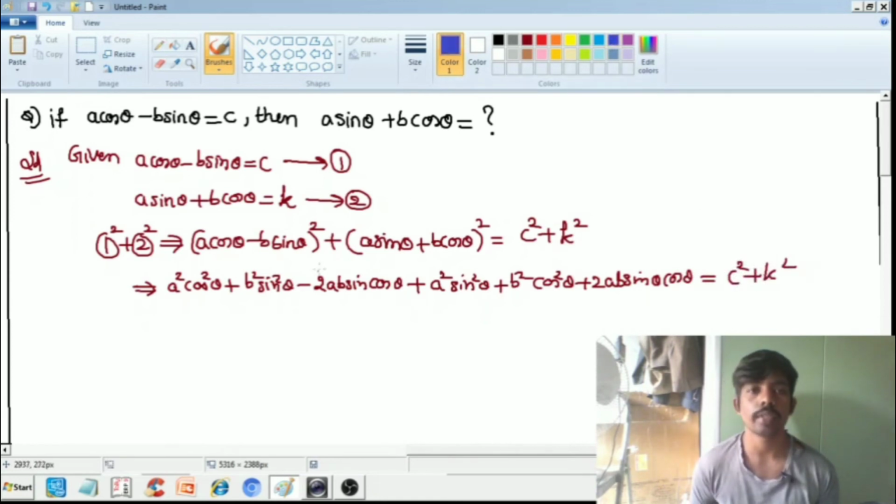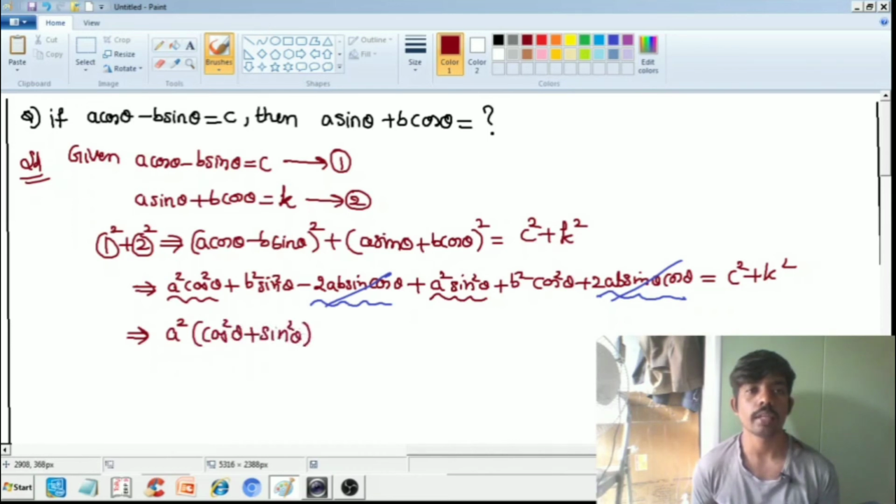From here we can cancel the same terms. Minus 2ab sin theta cos theta and plus 2ab sin theta cos theta get cancelled, and the remaining: take a square common, then you will get cos square theta plus sin square theta.